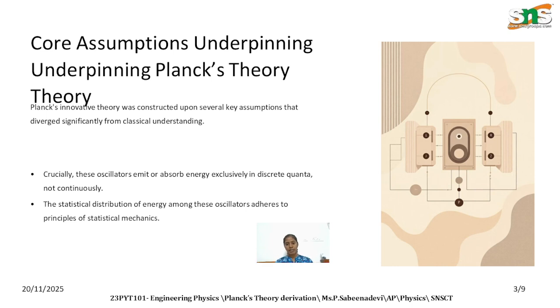Planck's innovative theory was constructed upon several key assumptions that diverged significantly from the classical understanding. Crucially, these oscillators emit or absorb energy exclusively in discrete quanta, not continuously. In classical theory, energy was considered continuous, not discrete.